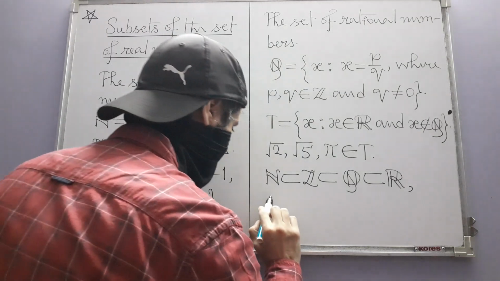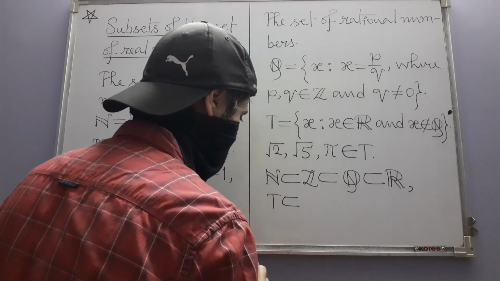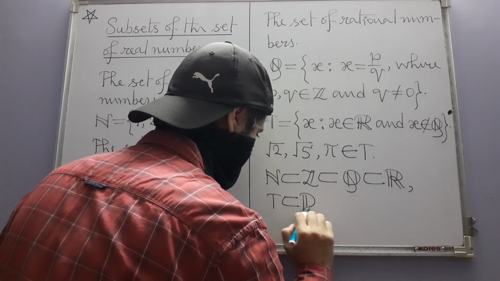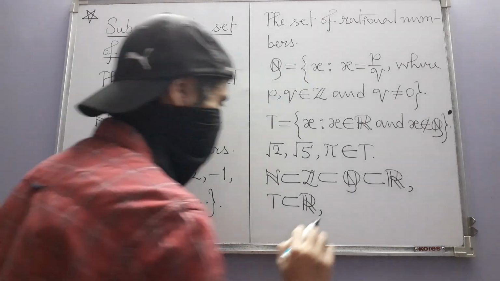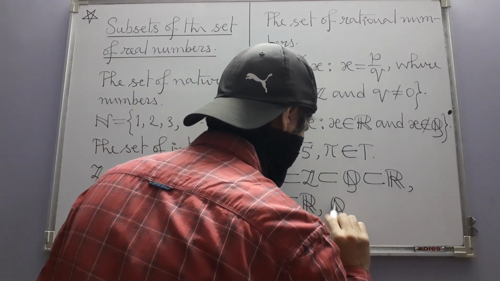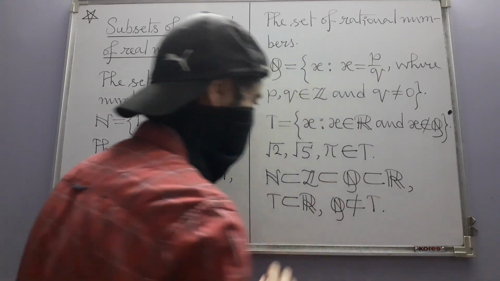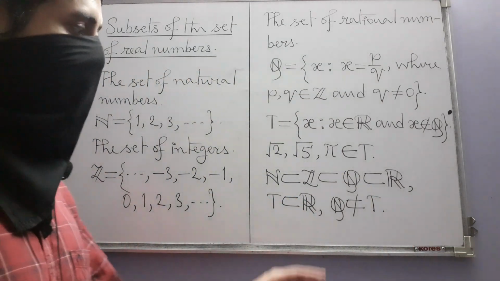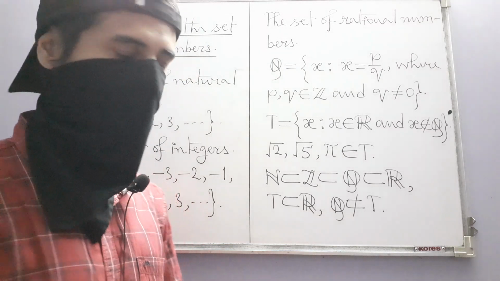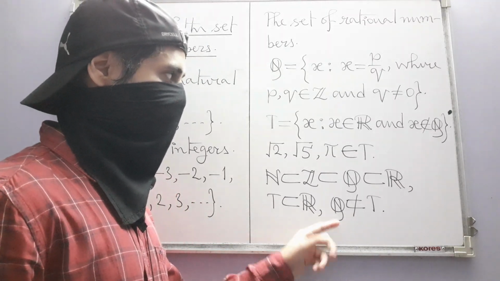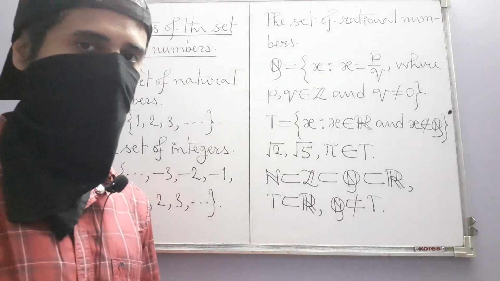Additionally, the set of irrational numbers is also a subset of the set of real numbers, and the set of rational numbers is not a subset of the set of irrational numbers. In fact, no element in Q is in T, because that's the definition of T, and that is why Q is not a subset of T.